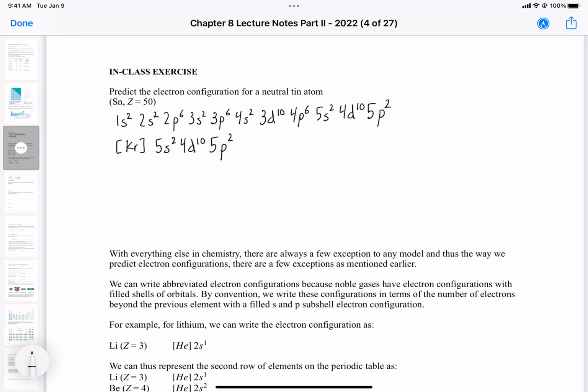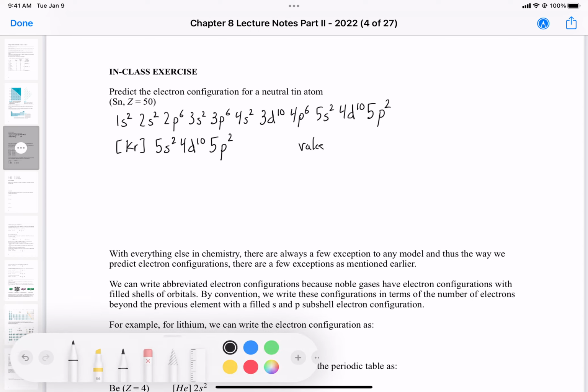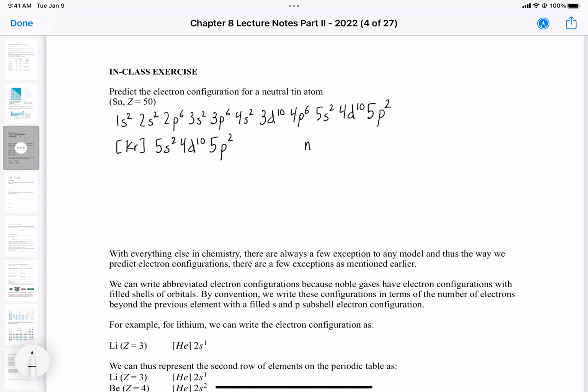So from electron configurations, we can actually figure out how many valence electrons each element has. In this case, tin's valence shell is at the 5th level, so n equals 5 is the valence shell. We count up all the electrons from the 5th energy level, 2 plus 2, so this has 4 valence electrons.